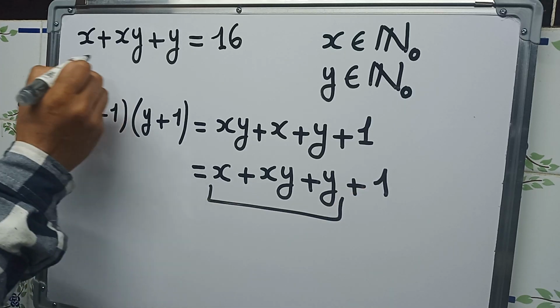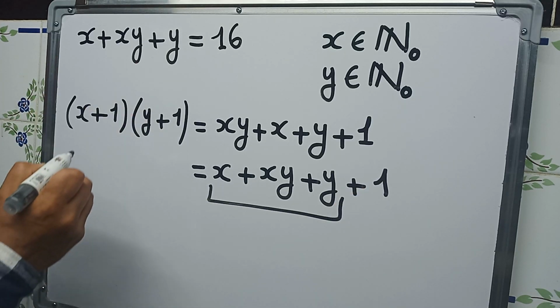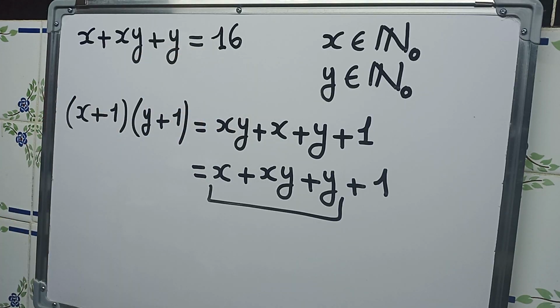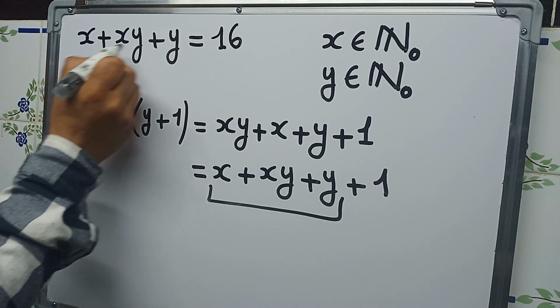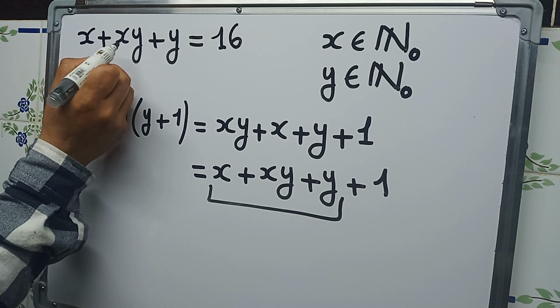So in order to factor our expression, we must add 1 to both sides. So considering our equation here, we add 1 here and here.